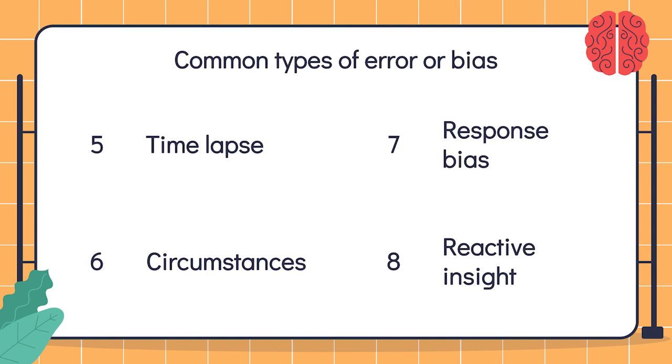7. Response bias. Error can result from the response rate being low and thus the final sample ends up less representative than originally conceived.